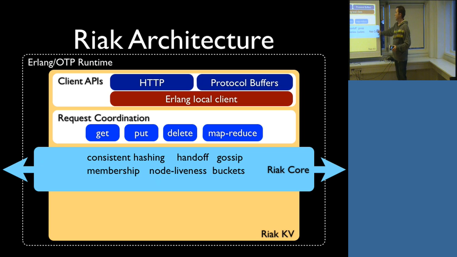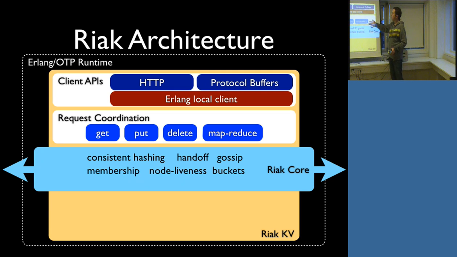But this layer here has no idea that it's participating in a database. It just implements the data structures and algorithms that the Dynamo paper talks about, but doesn't really insist on a use case around it.